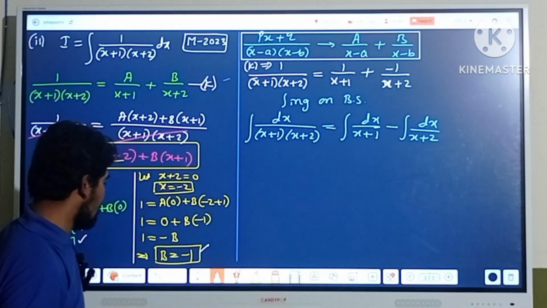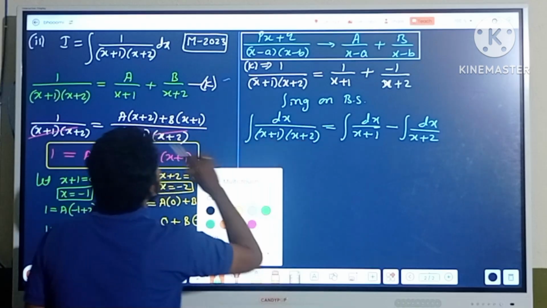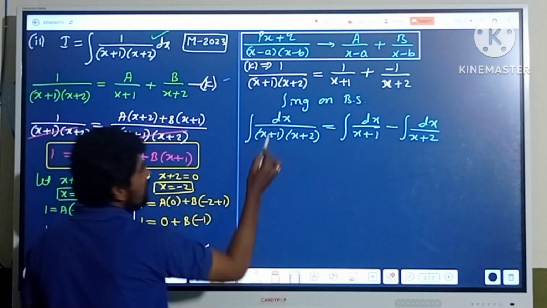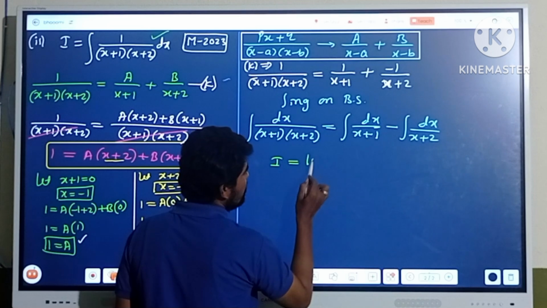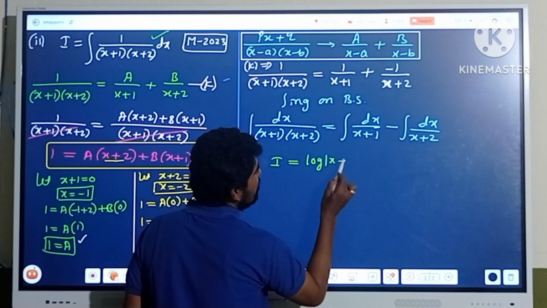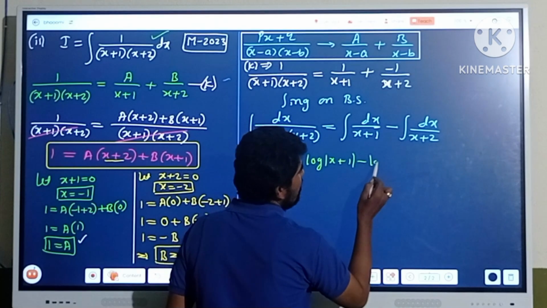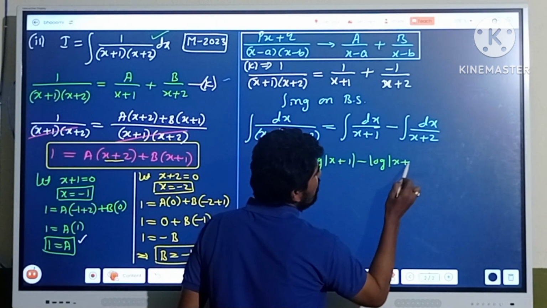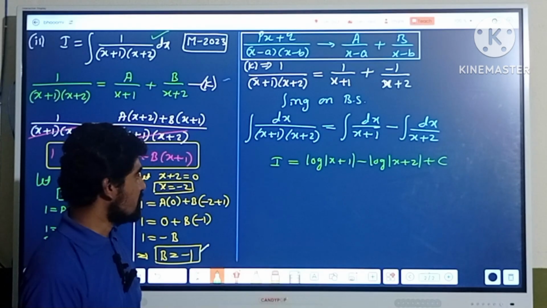I hope all of you are understanding. And observe here, this LHS is equal to I, therefore it can be replaced by I, which is equal to integration of dx by x plus 1 is log x plus 1, minus integration of dx by x plus 2 is log x plus 2, plus integral constant c. I hope all of you are understanding.